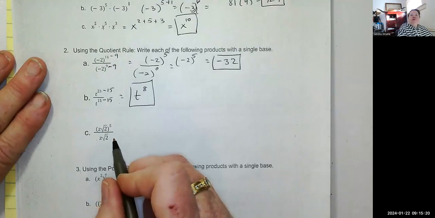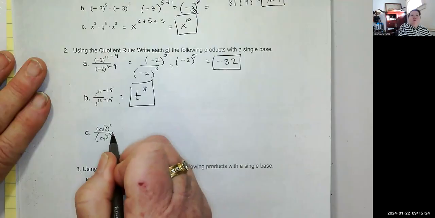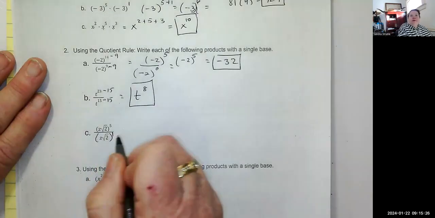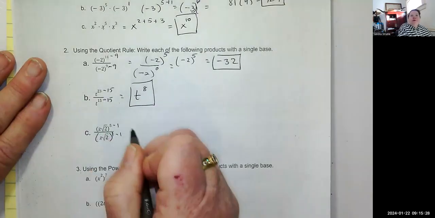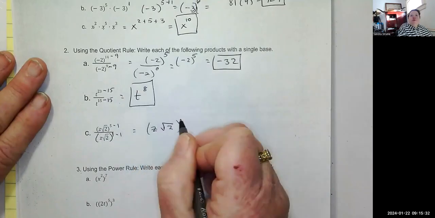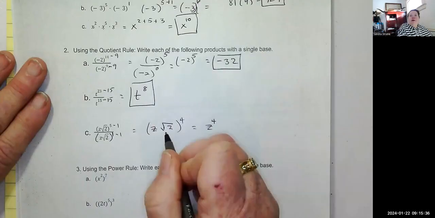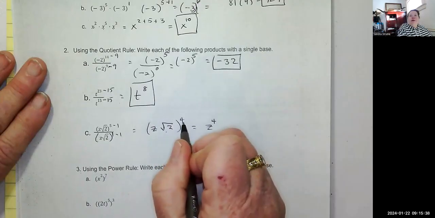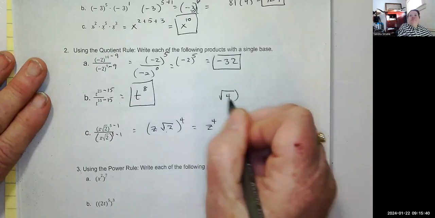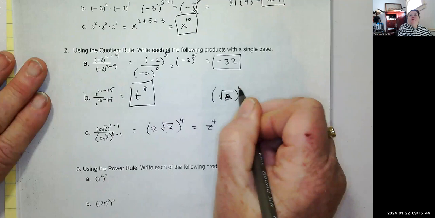Z square root of 2 to the 5th over z square root of 2. So keep in mind, this is a 1. All right. So I'm going to subtract 1 from both. And I get z square root of 2 to the 4th. That gives us z to the 4th. And then square root of 2 to the 4th would be, square root of 2. That's a 2 to the 4th.